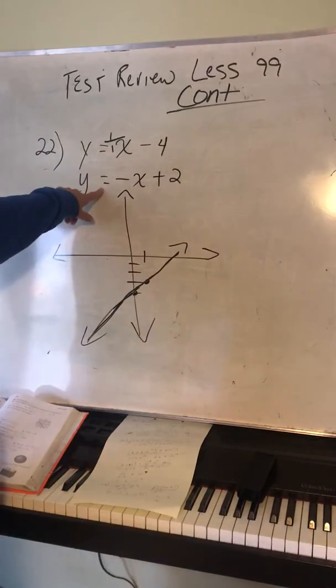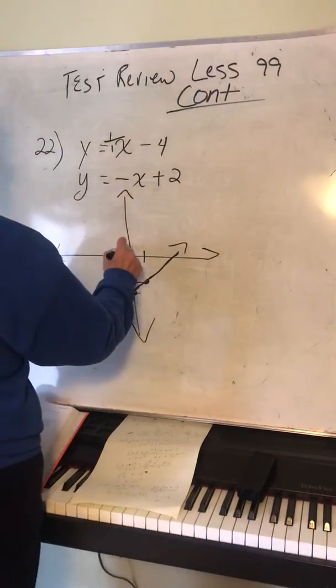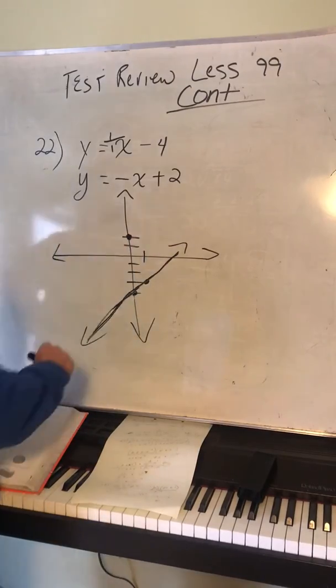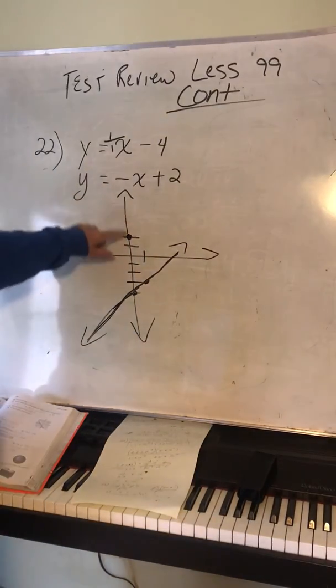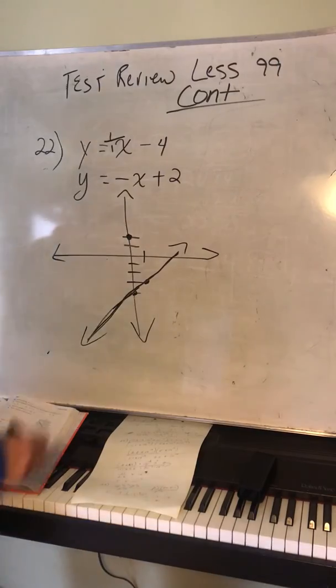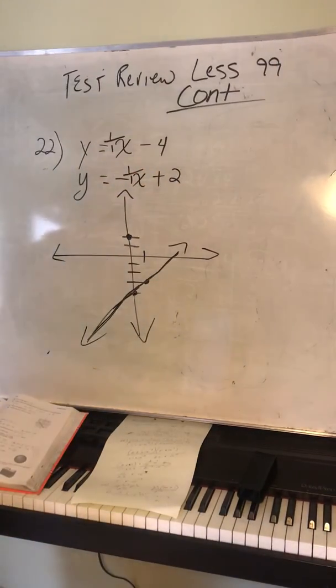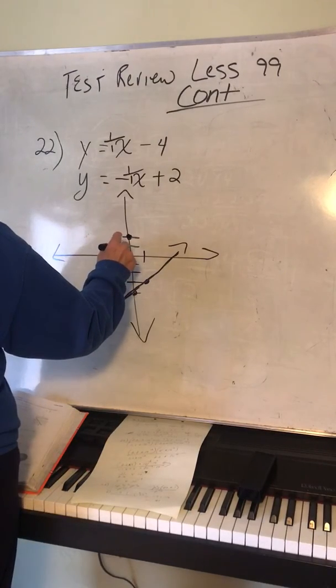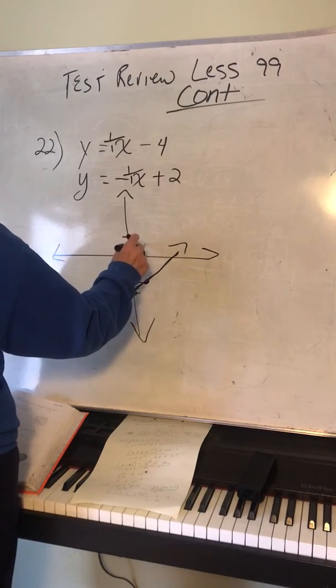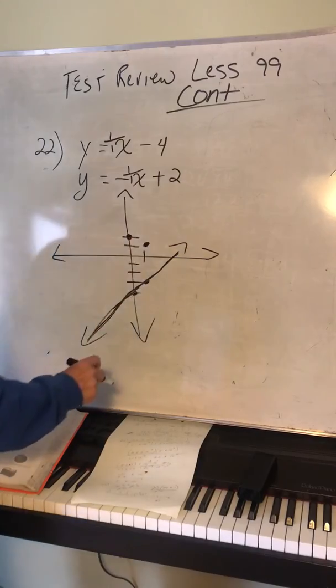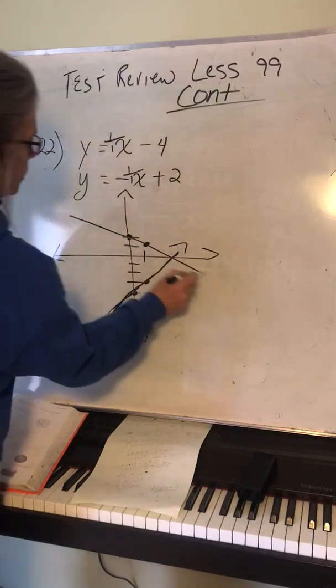Okay, let's plot this one now. Well, this one, the y-intercept b is 2. This is a negative 1 over 1. So that means we're going to rise negative and then run 1 positive right here. And that's going to be right here.